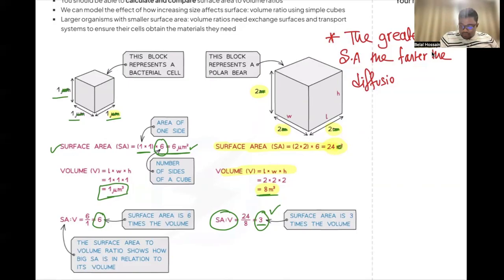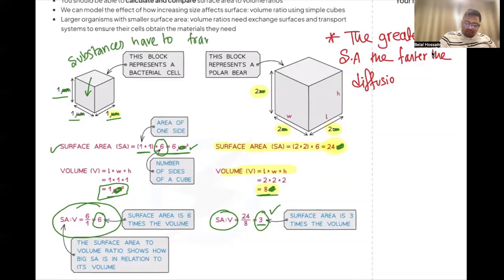But overall, if we remove the unit and only look into the limitation of the surface area ratio, you can see when having a greater surface area compared to volume, substances have to travel a smaller distance, whereas when the object is large, going to the center would take much longer time.